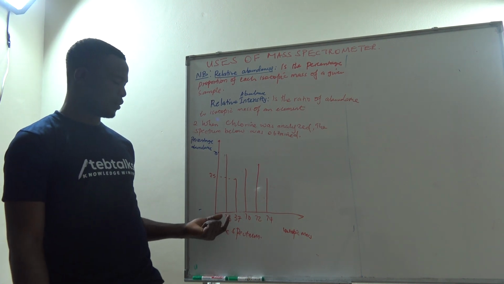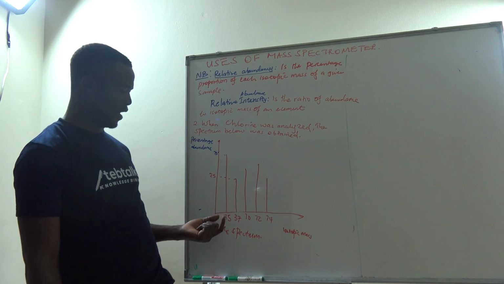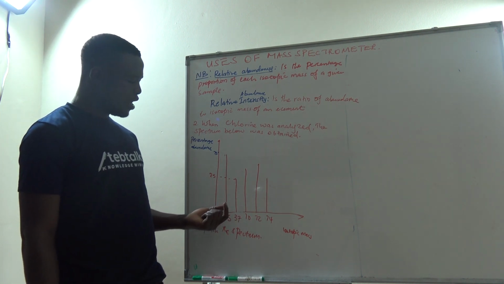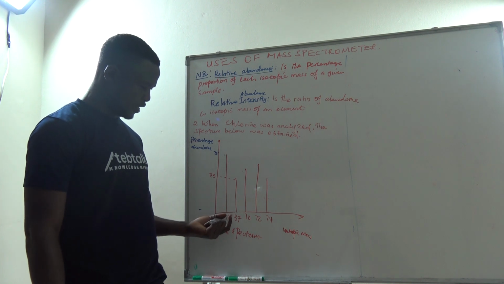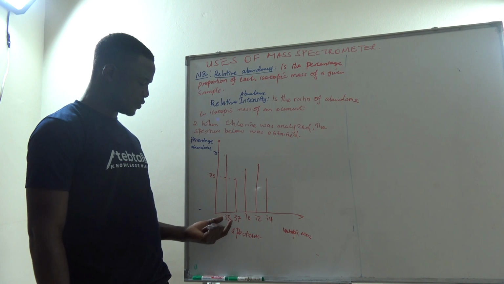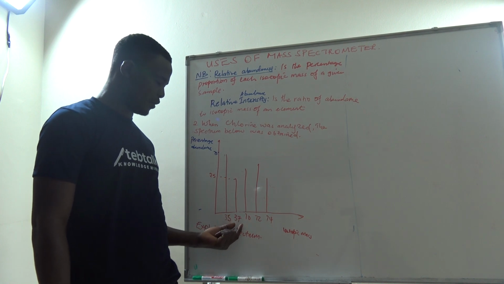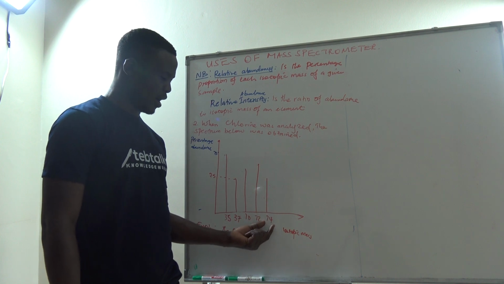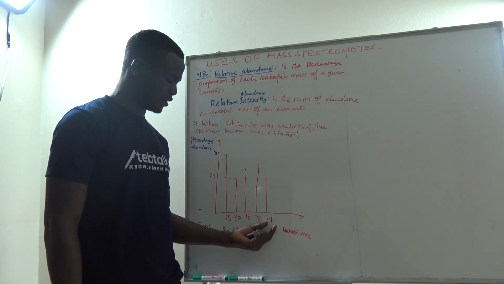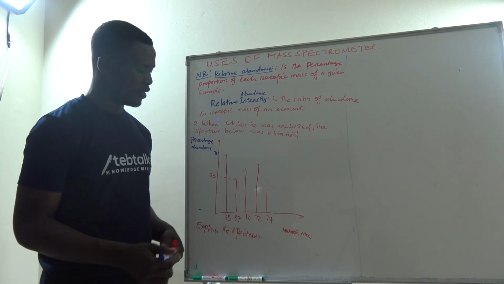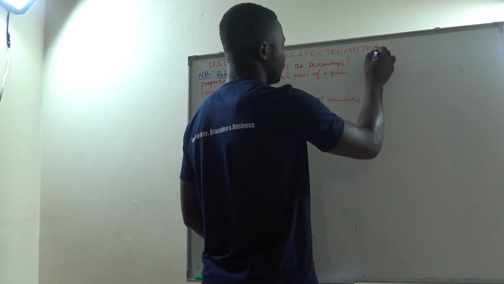It is possible that chlorine 35 and chlorine 35 can combine to give a molecule of chlorine. Then also, the peak at 72 would correspond to chlorine 35 and chlorine 37, and the peak at isotopic mass 74 corresponds to chlorine 37, chlorine 37.